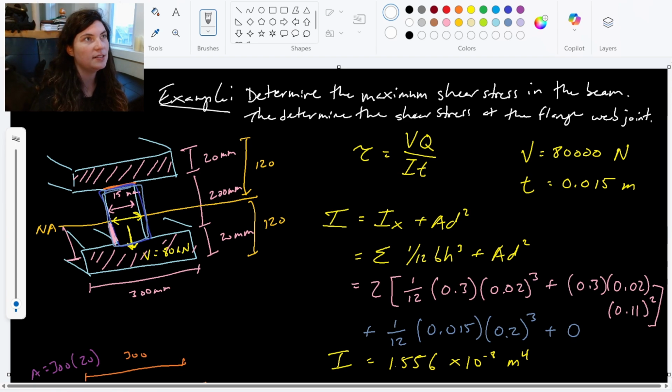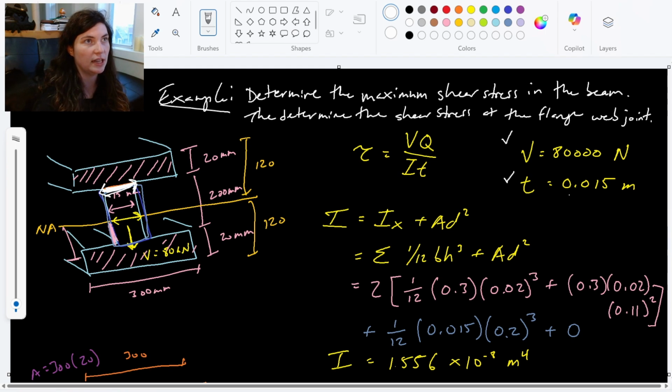Let's go ahead and take a look at our other portion here, the shear stress at the joint. Again, at the joint is this portion right here. So at the joint, we can use the same thickness, right? We want to use the smaller thickness here because that gives us a higher value of shear stress.